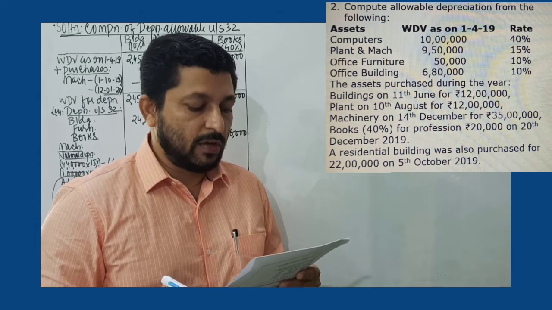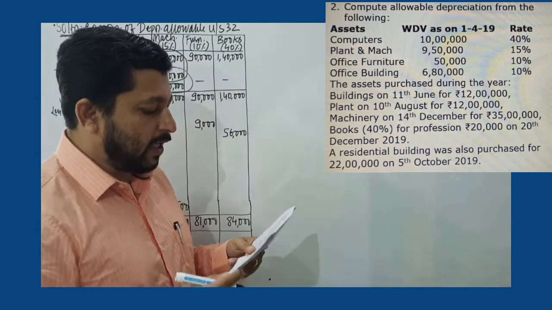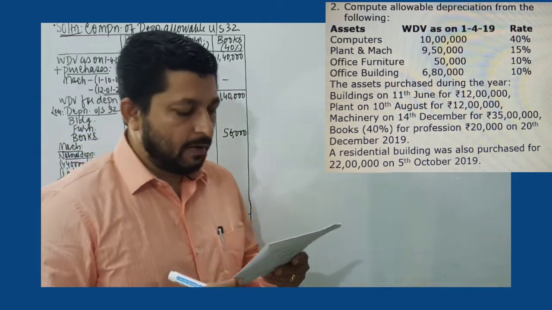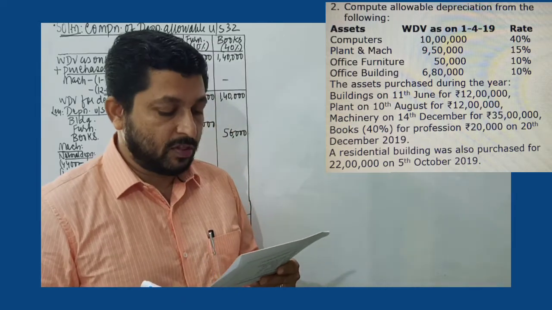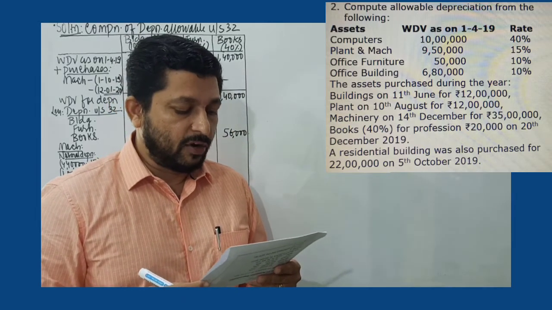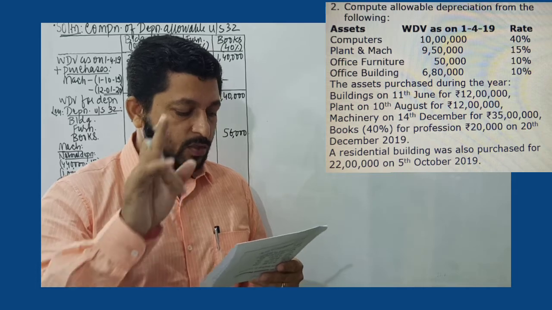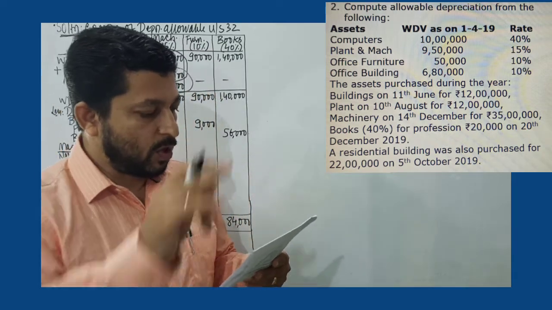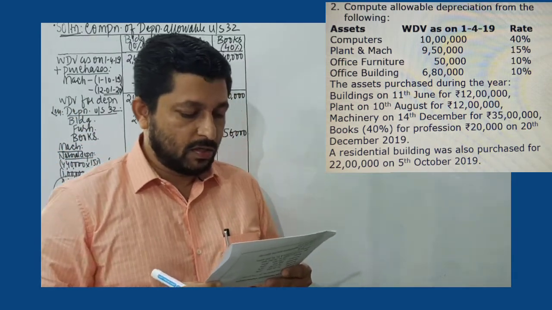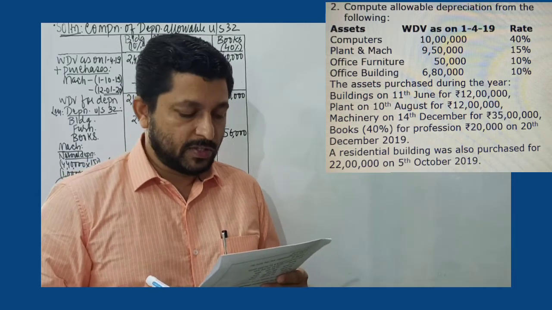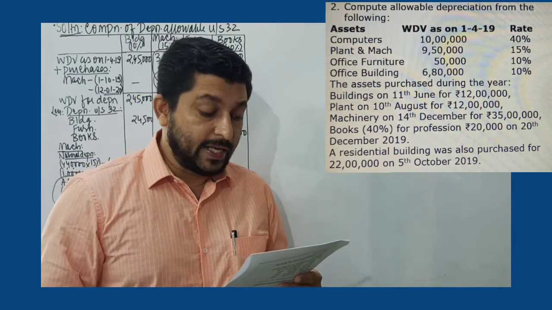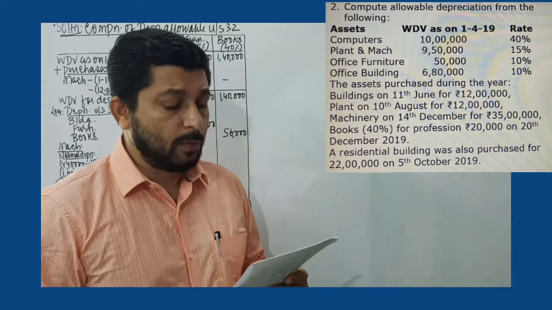Building is purchased on 11th of June for 12 lakh. Plant on 10th of August for 12 lakh. Machinery on 14th of December for 35 lakh. Books at 40%, that is for profession. This is one more extra block which is not there in the opening value, 20,000. That is purchased on 20th of December 2019. And a residential building was also purchased.